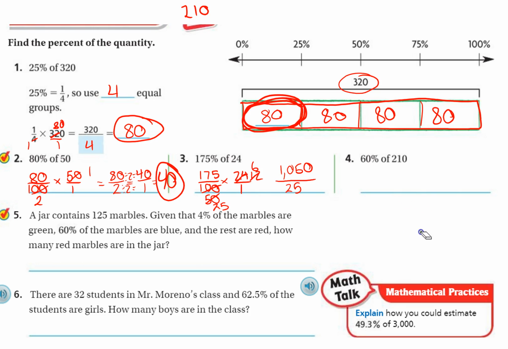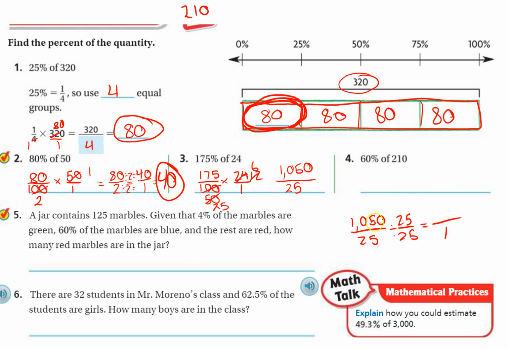I'm erasing, but you never erase your work, just get more scratch paper. 1,050 over 25. I know 25 will go into both, so I'm going to divide the numerator and the denominator by 25. 25 divided by 25 is 1. 25 goes into 100 4 times. I have 10 hundreds, so that's 10 times 4 is 40.